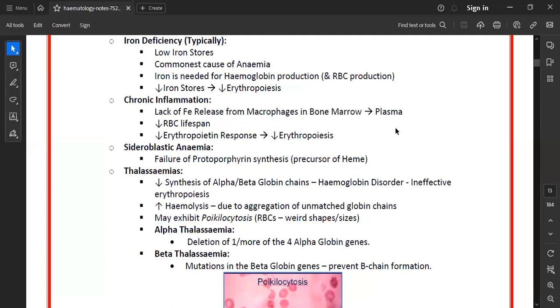And then we have thalassemias. Reduced synthesis of alpha or beta globin chains leads to hemoglobin disorder, which also leads to ineffective erythropoiesis.